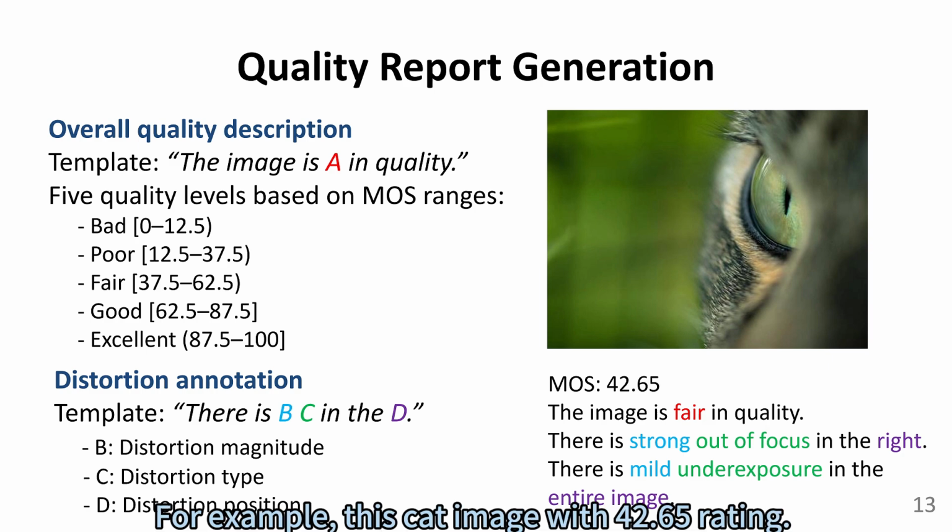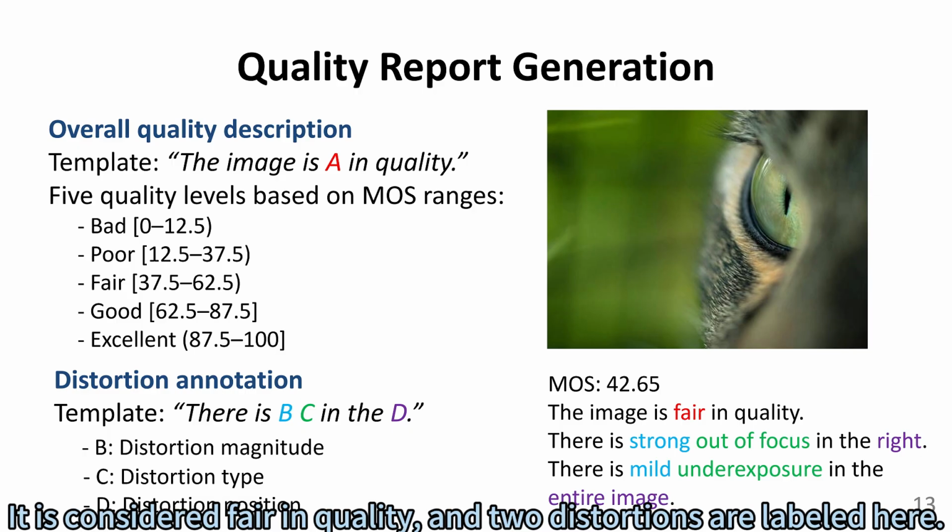For example, this cat image with a 42.65 rating is considered fair in quality, and the two distortions are labeled here.